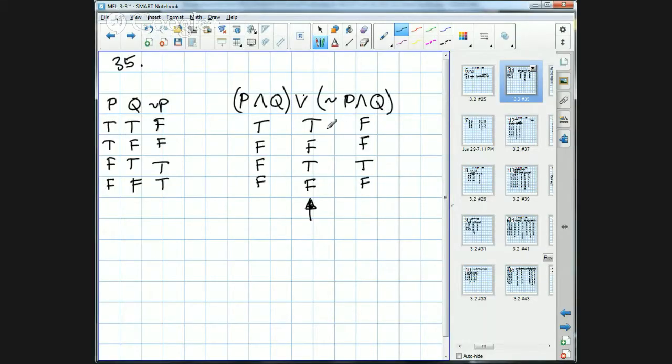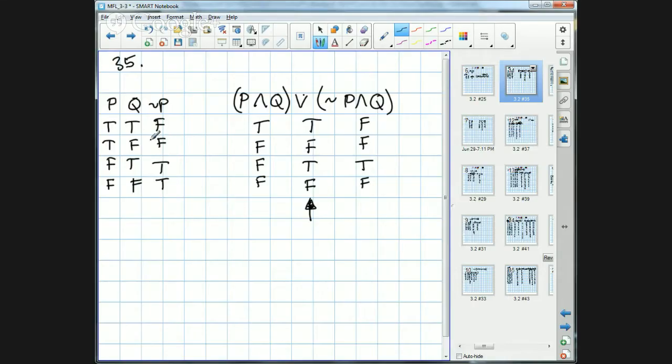The negation of P and Q. I did the negation like you did of P: F, F, T, T. And then for Q, maybe that's where I made my mistake.